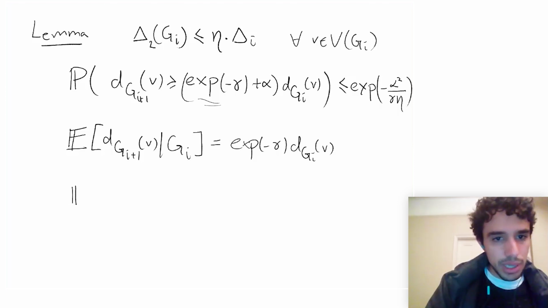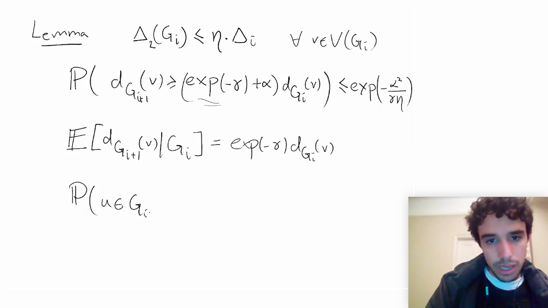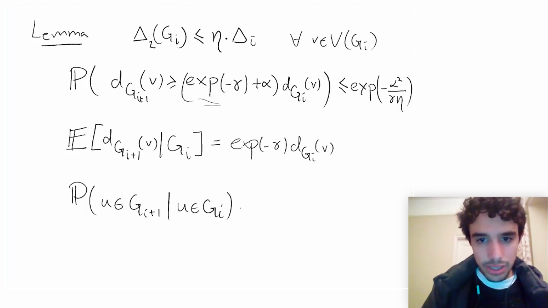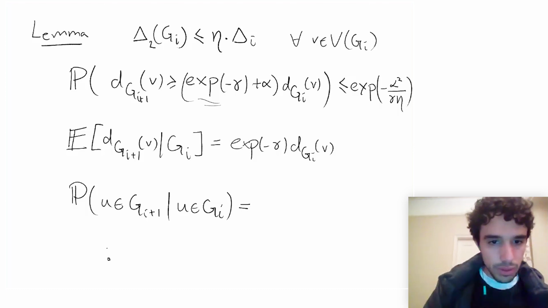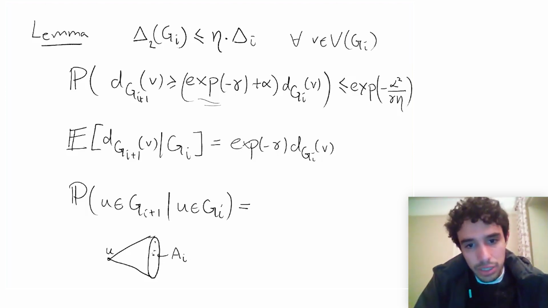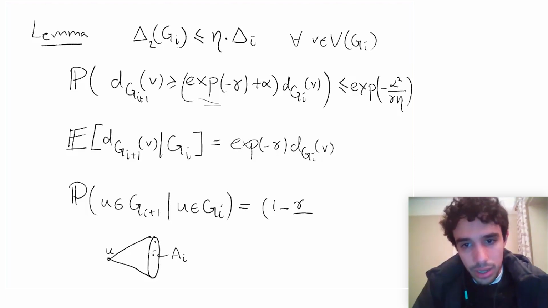The probability that some vertex u is in G_{i+1}, given u is in G_i, is: we have your vertex u, and it's going to be in G_{i+1} if you don't choose any of its neighbors to be in A_i. We're choosing them independently to be in A_i, so the probability for each one to not be in A_i is 1 minus gamma over delta_i, and we raise this to the power of the degree of u in G_i.